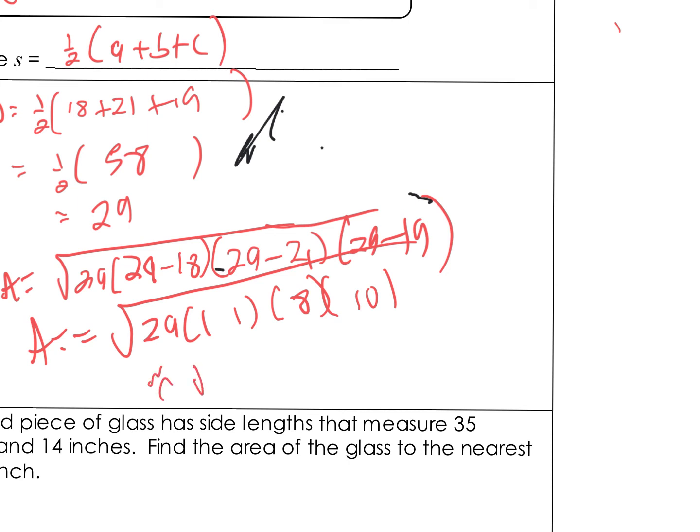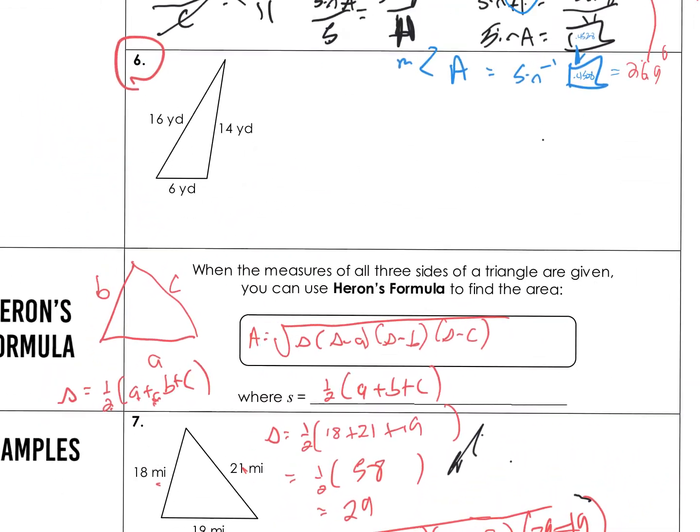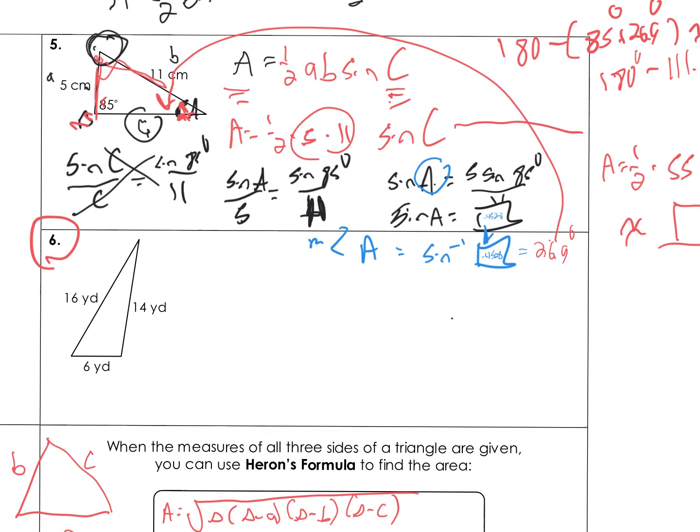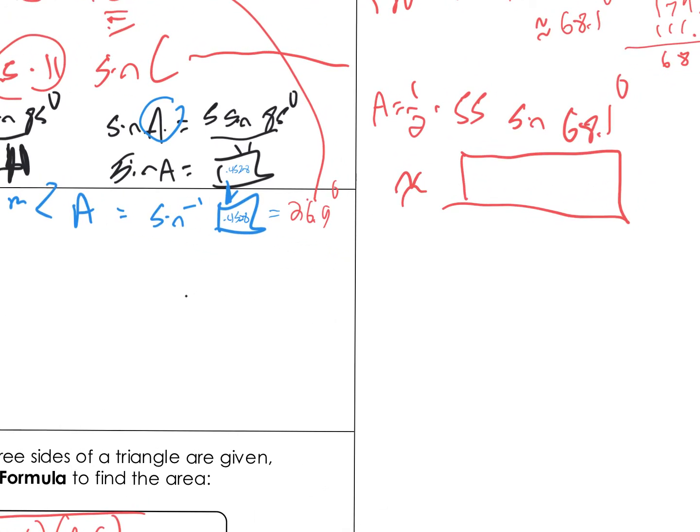Use your calculator. Just go to your calculator, and you don't even have to write out what that number is. And don't forget, the last problem I did up here, what did I not do? I didn't use my units, centimeters squared. Oh, I didn't finish it, centimeters squared.